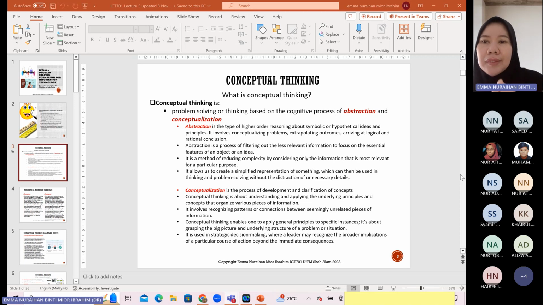So you will see abstraction and conceptualization here is a parallel process, especially when it comes to coming out with a theoretical model or a conceptual model based on a problem situation.